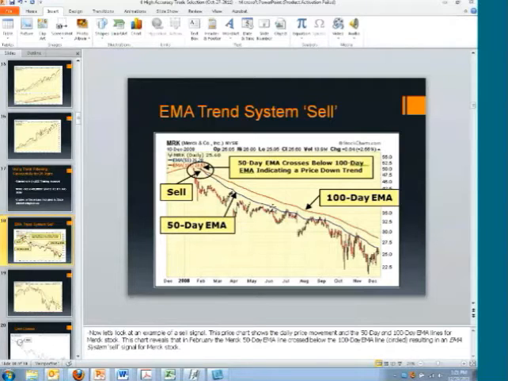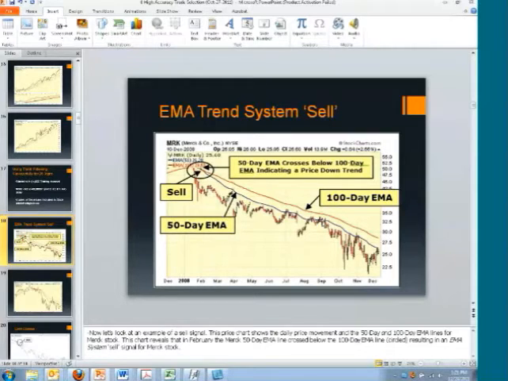So it's better, I think, to simply follow these systems, because you don't know how long this downtrend is going to persist, and you don't know how much the stock's going to fall. So until you get the 50-day EMA crossing above the 100-day EMA, it's better to stay out of the stock.